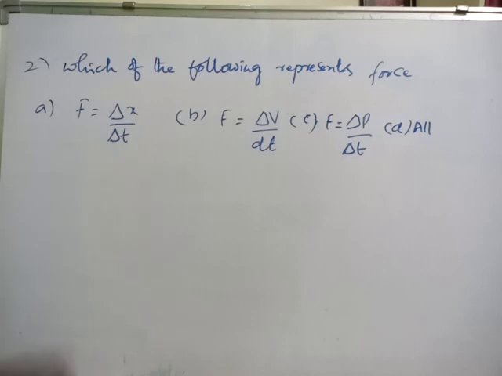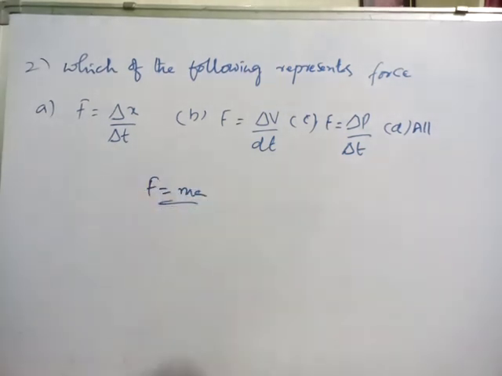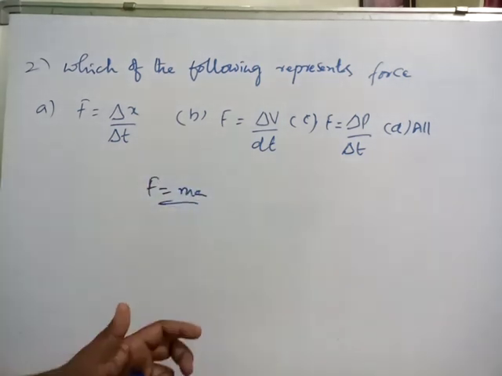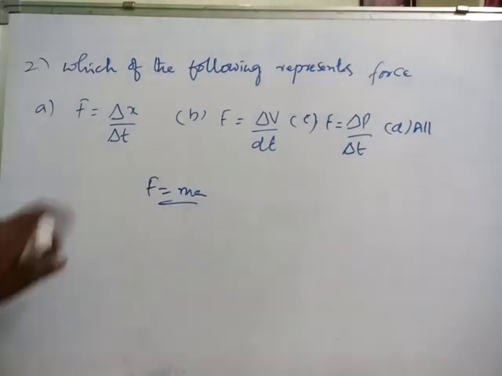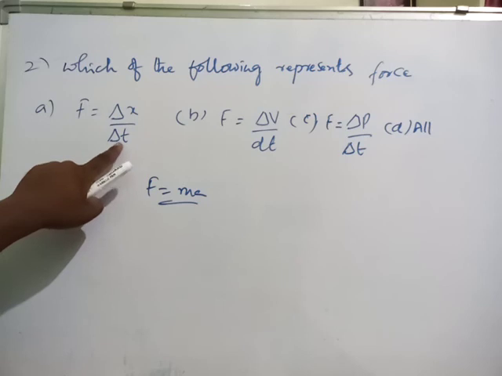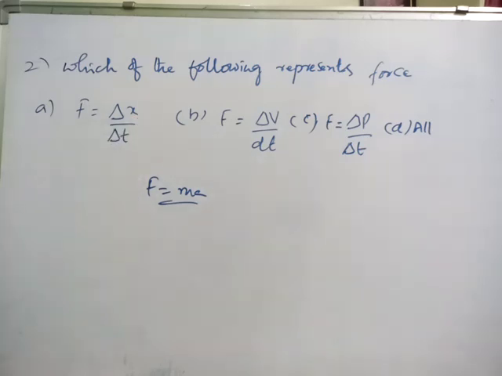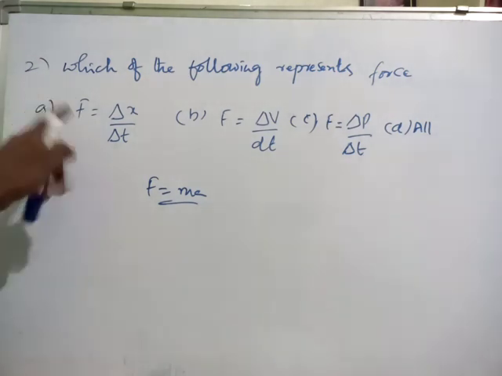Which of the following represents force? We know the force formula F is equal to ma, but here it is given in other forms. Delta indicates difference. This is the rate of change of distance or displacement, which is velocity, but this is force, so it is not.